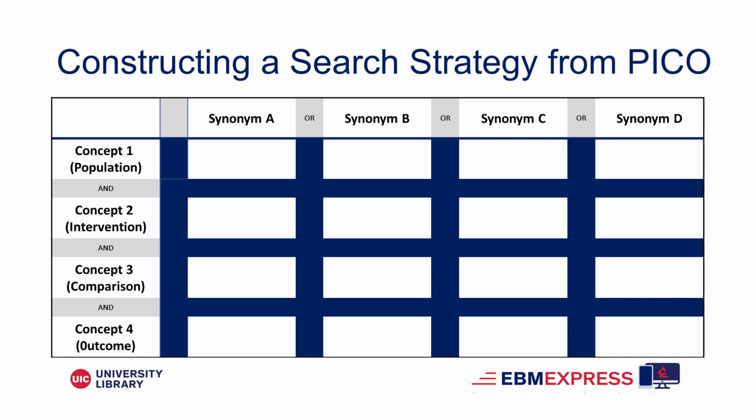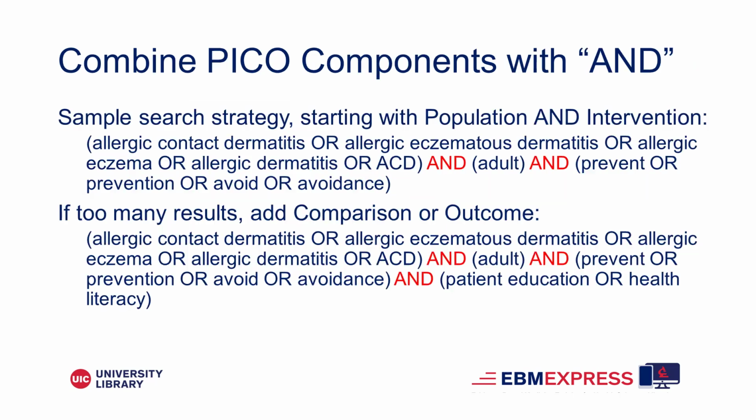To assist with listing synonyms and the PICO concepts, use this simple table form. Note a row for each search concept and additional columns for possible synonyms. The table format also notes where the ORs and the ANDs belong. Remember to OR together your synonyms for each PICO concept before combining the individual concepts together with AND.